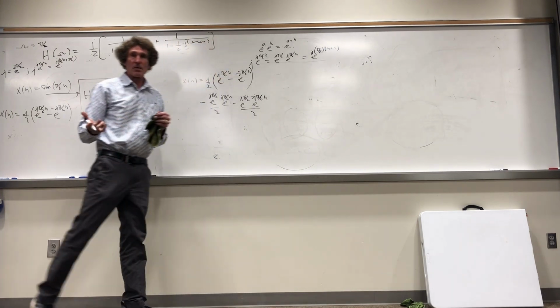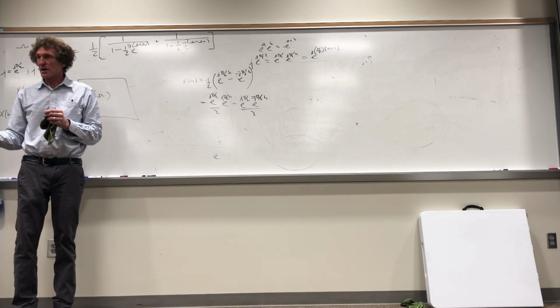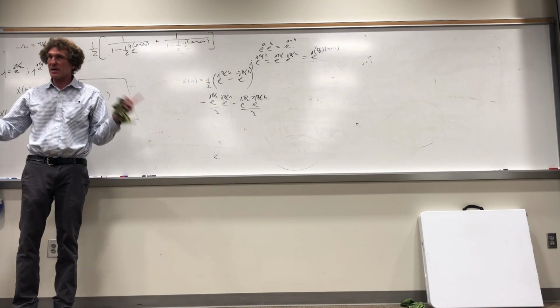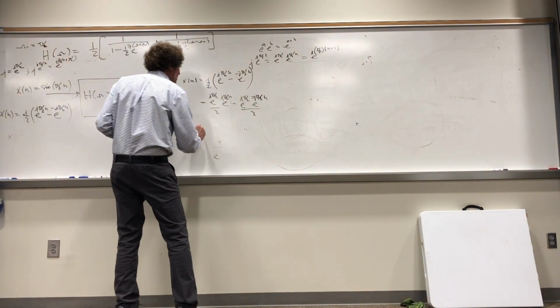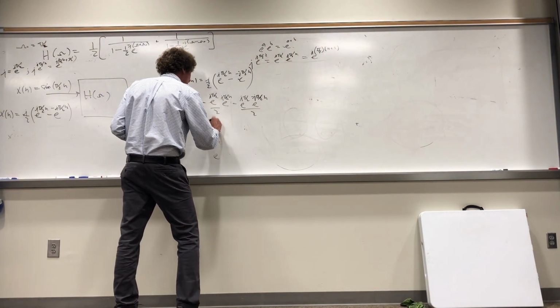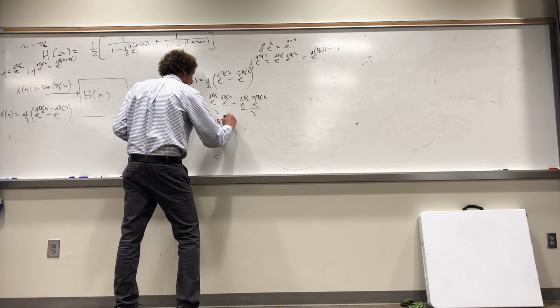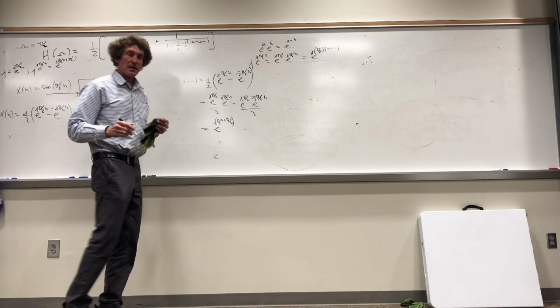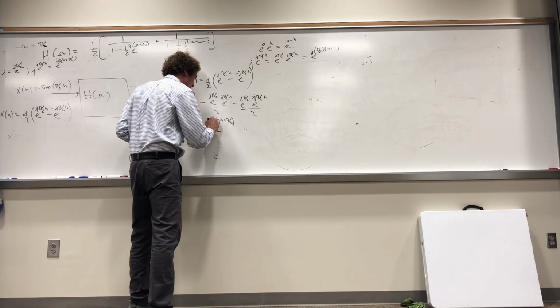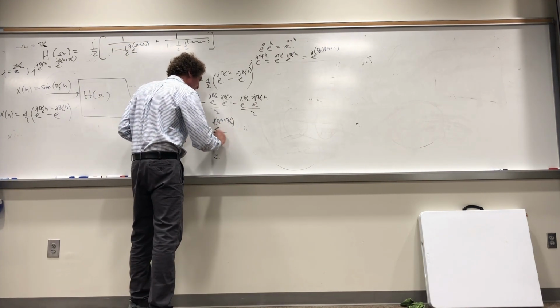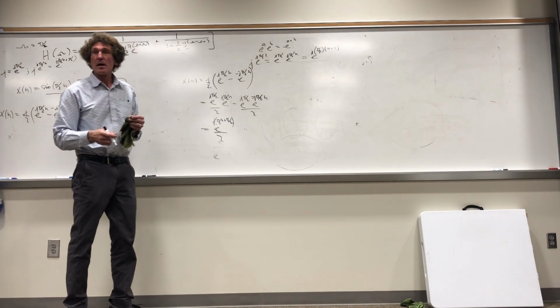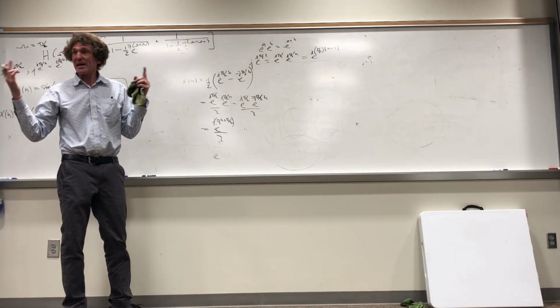Do you all agree with that part? Agreed? Now add the exponents. The first term is e to the j pi over 2n plus pi over 2. Just leave it like that. So I've got the j there, over 2. Do you agree with that? We're adding exponents, that's it.